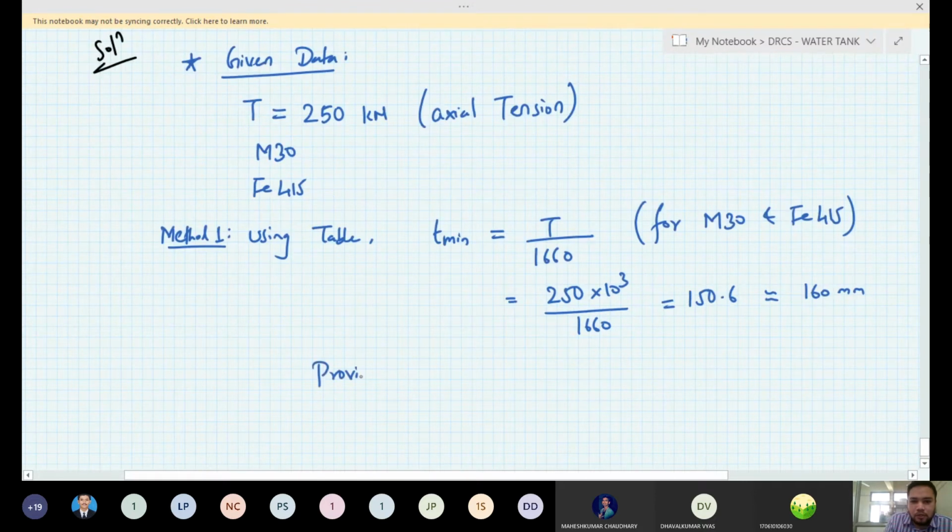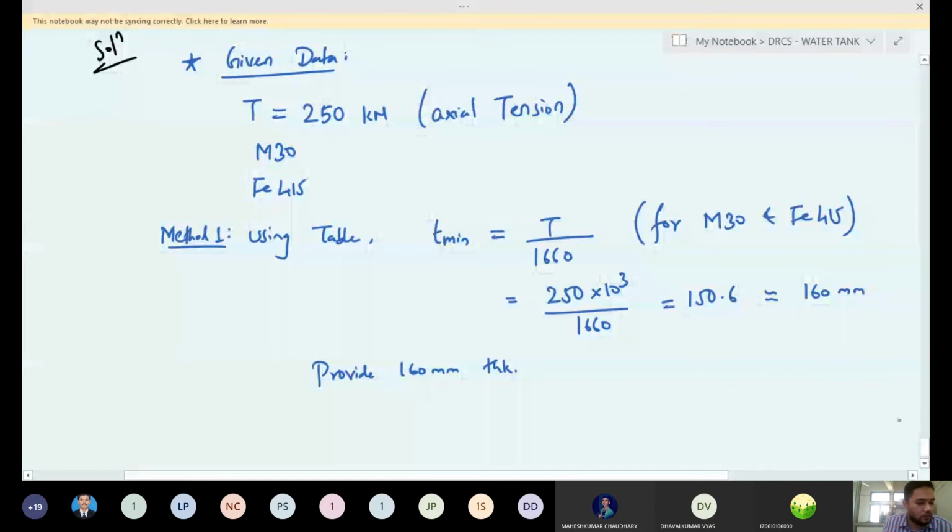Provide 160 mm thick section. So that is your T equals 160 mm.